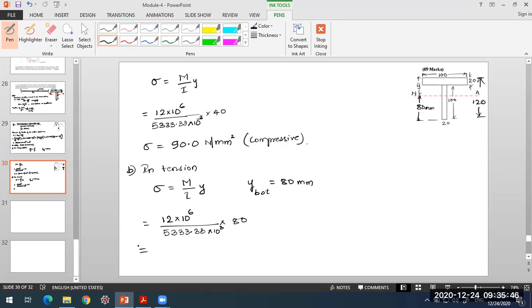So the maximum tensile stress is coming out to be 180.0 Newton per mm square. These are tensile. So that is the stress we have in that section.